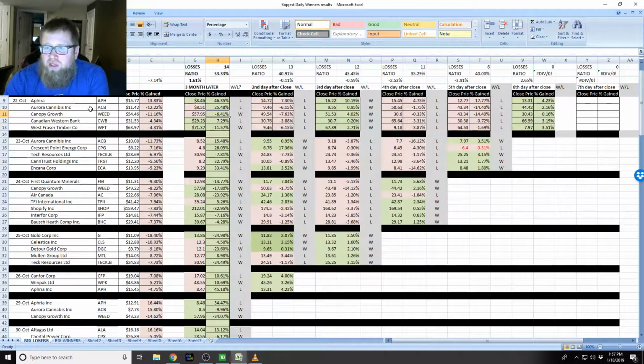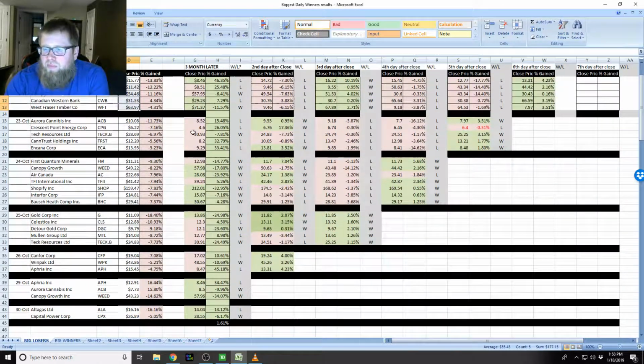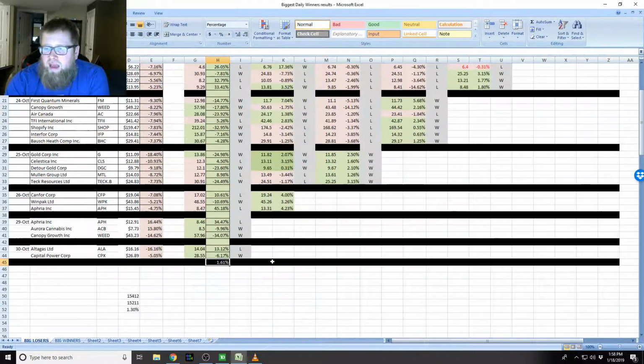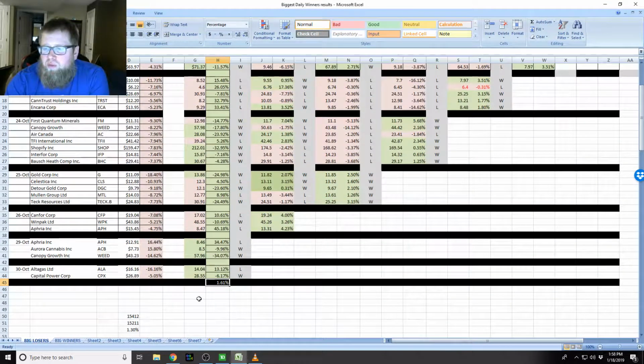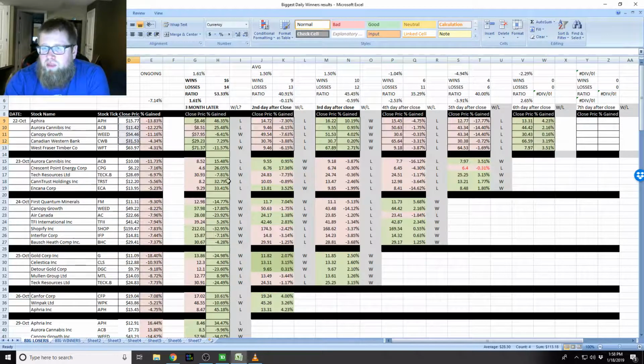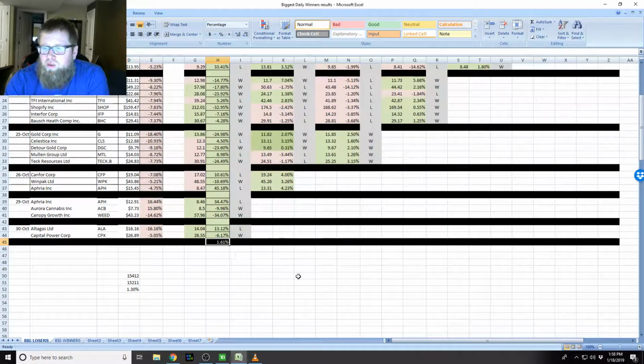So essentially what I've done is I've taken each of these stocks that were the biggest losers of the day, and then I took an average loss or gain for the entire group. In this example, my average loss is 1.61%. So over the course of 3 months, give or take, these stocks after the close of the biggest loss are down 1.61%.